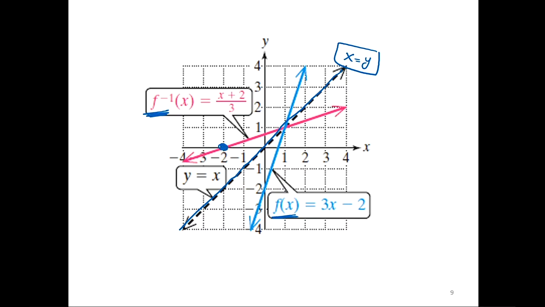This point on the inverse equals minus 2 and 0. X equals minus 2, the x coordinate, and y equals 0. It must be 0, minus 2 on the inverse. Look at this point, 0 for x and minus 2 for y, because this is the inverse of f of x.